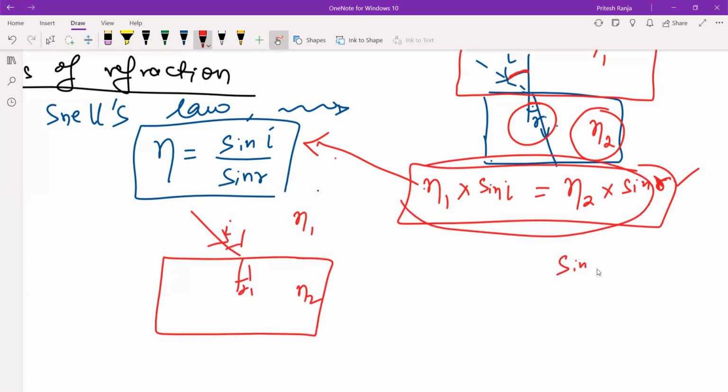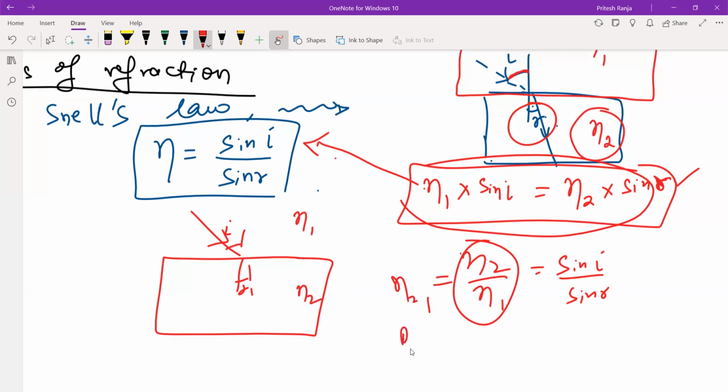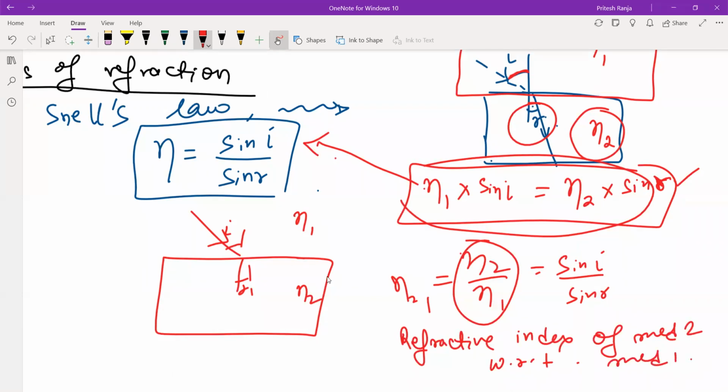So sine I by sine R, if we rearrange, we are going to get N2 by N1. So what is this N2 by N1? This is the relative refractive index of medium 2 with respect to medium 1. Refractive index of medium 2 with respect to medium 1. And this is only taken as N.